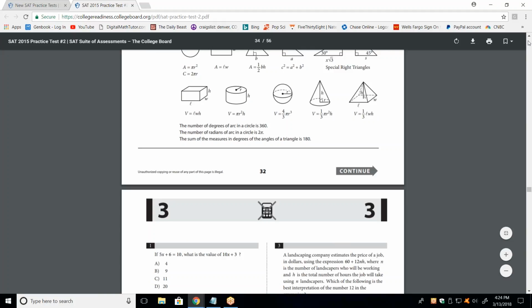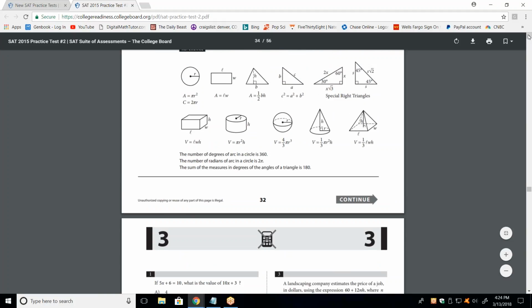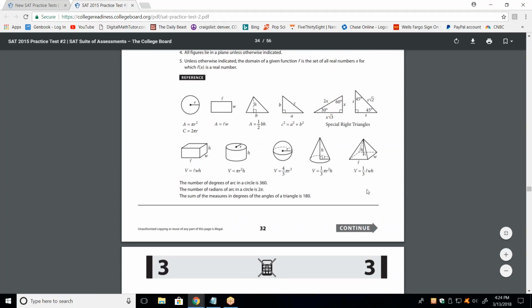And back to that, remember when I said they gave you the formulas? This is what I was talking about. And there is the formula for that right cylinder. Volume equals the area of the base, which is pi r squared, times the height.